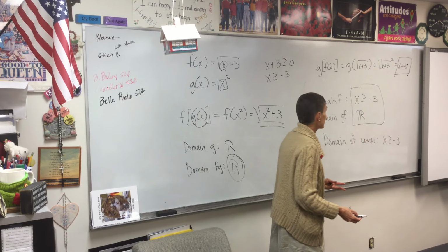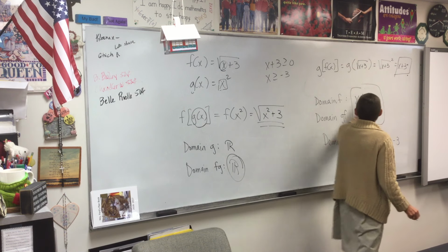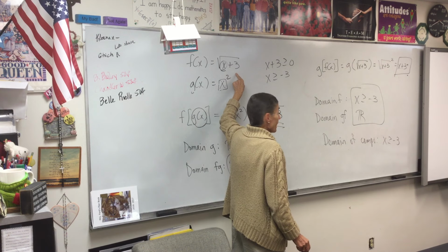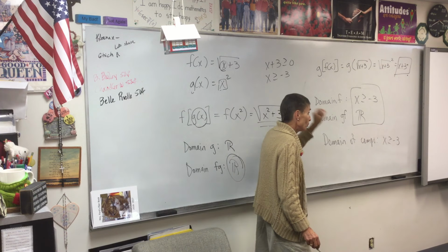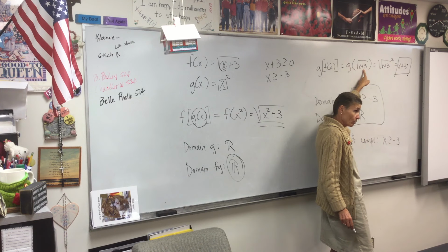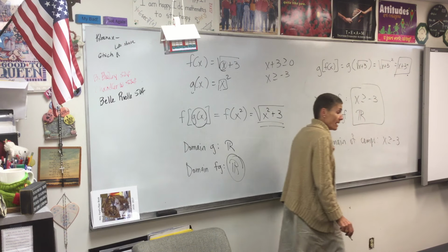Think about this for a minute. In order to make this happen, we had to go through this step first, right? And the only numbers that you can put into step 1 are numbers bigger than or equal to -3. So therefore, nothing else is going to matter.